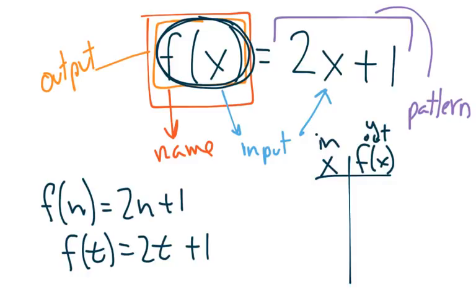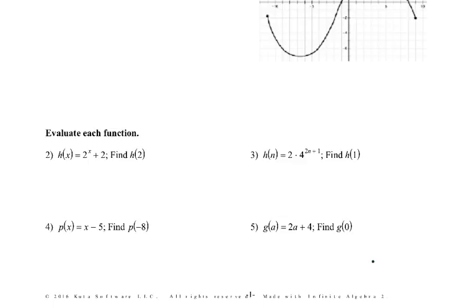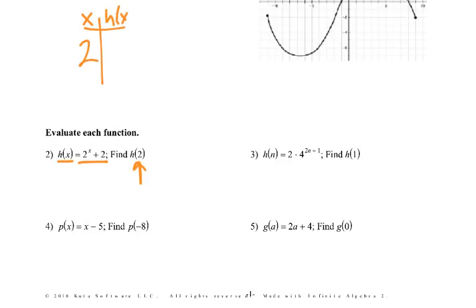So when we look at the problems, it's going to ask us to evaluate a function based off of a number. So we say h of x equals 2 to the x plus 2. Then they say find out when h is 2. So in other words, if I were making a table, when my input is 2, what's my output?